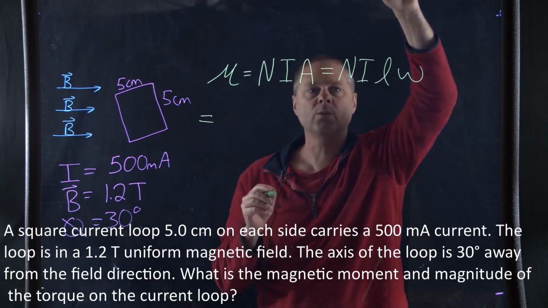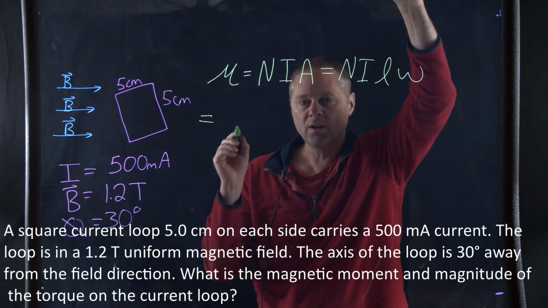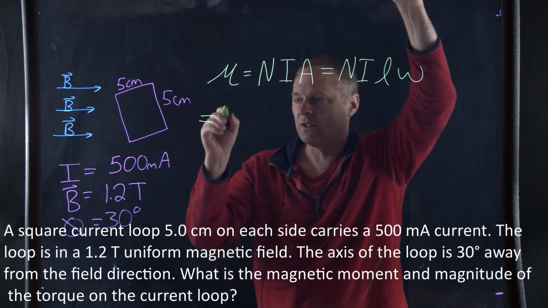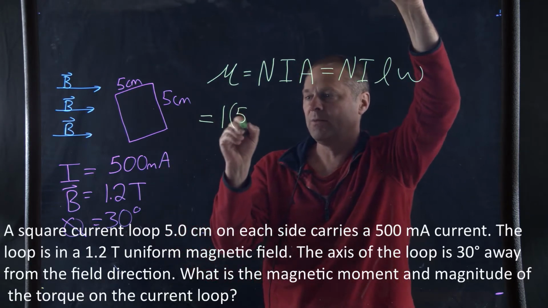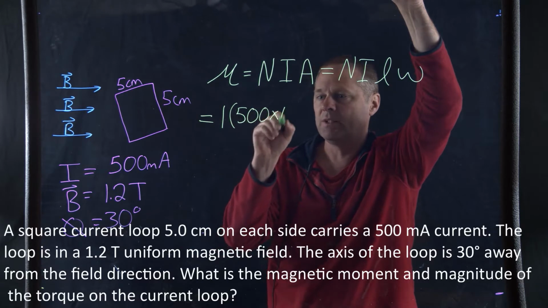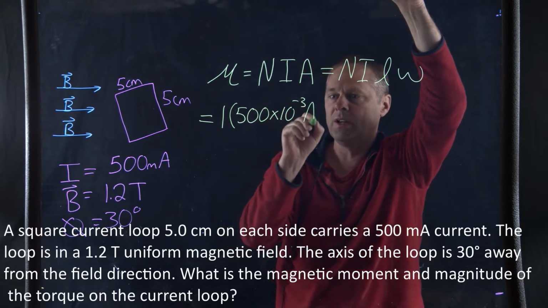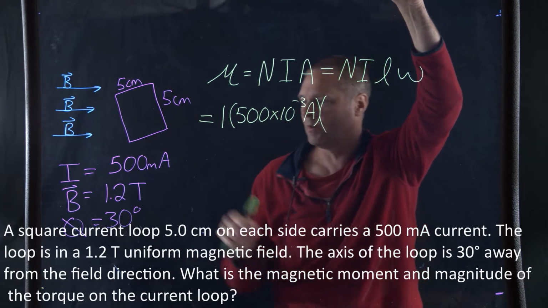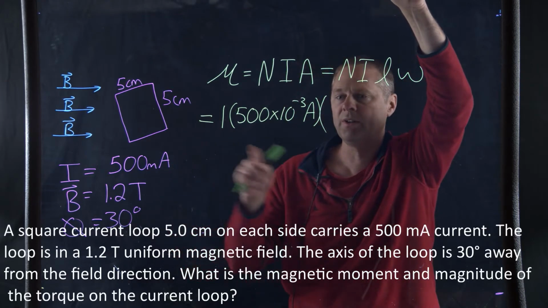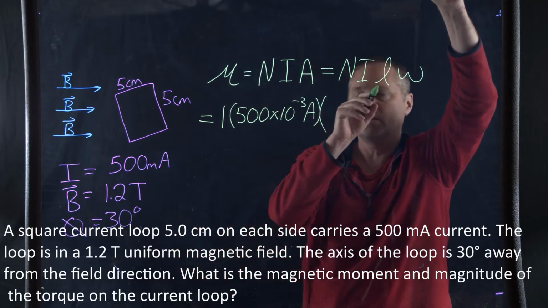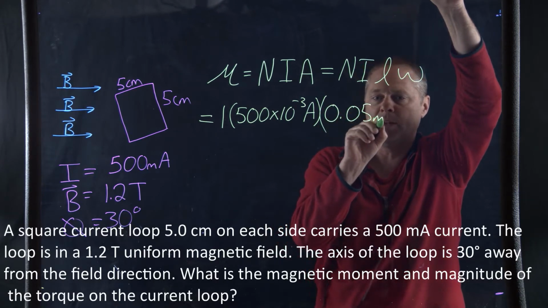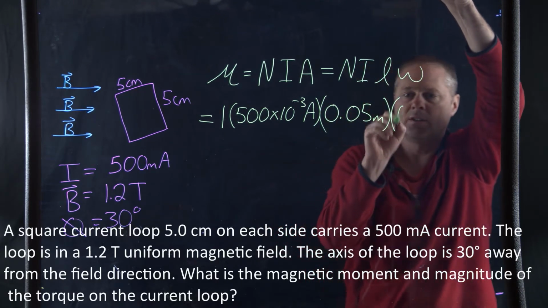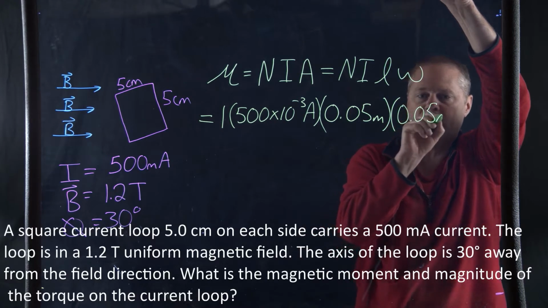And this will be equal to, now remember, we have one turn or one coil, so that's going to be 1. Our current is going to be 500 times 10 to the minus 3 amperes, because we convert from milli to amps. The length is going to be 0.05 meters times 0.05 meters.